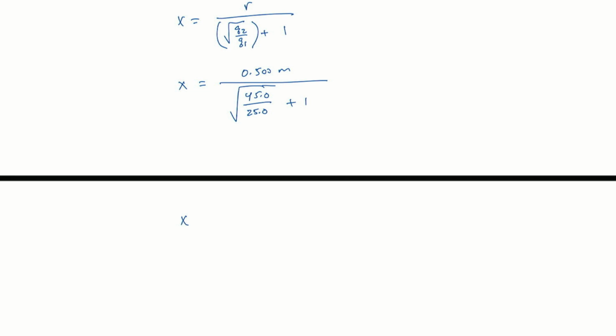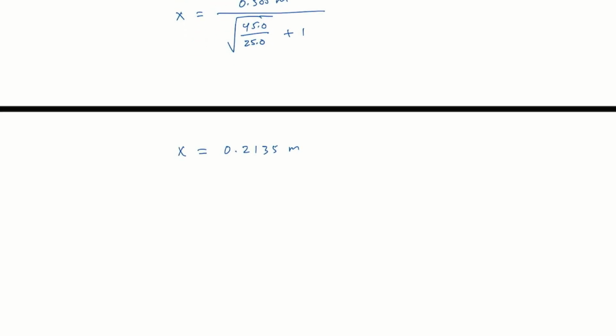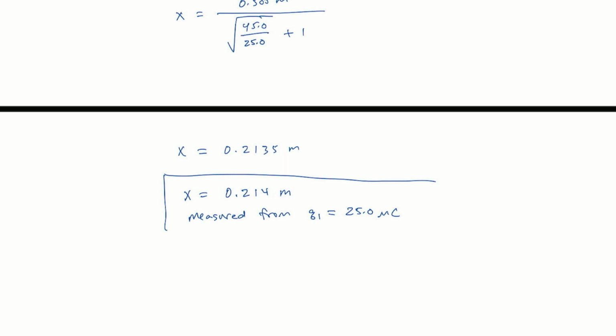I did this computation, and I found X is 0.2135 meters. So to 3 sig figs, we can say X is 0.214 meters. This is measured from Q1, which is the 25 microcoulombs. So that's where the electric field between them is 0.